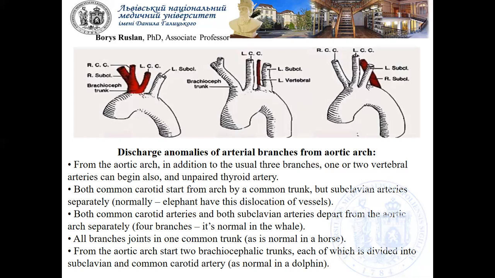It's the normal position in the horse body. And fifth kind, two brachiocephalic trunks start from the aortic arch, each of which is divided into the subclavian and common carotid artery. As a norm, it's in the dolphin.